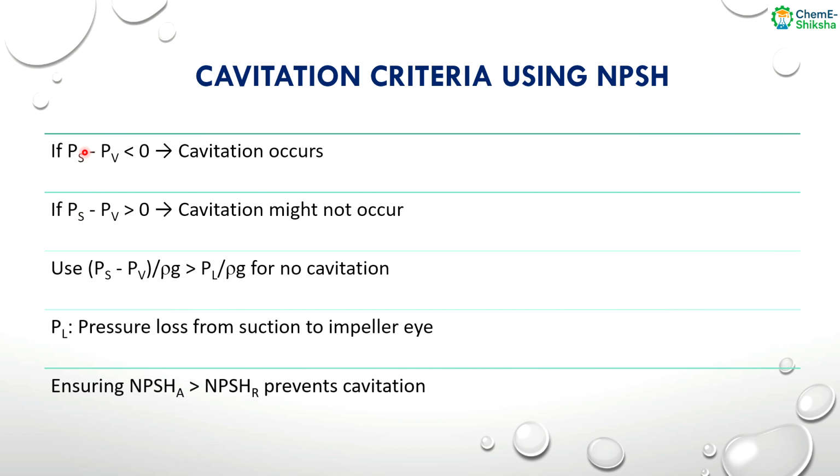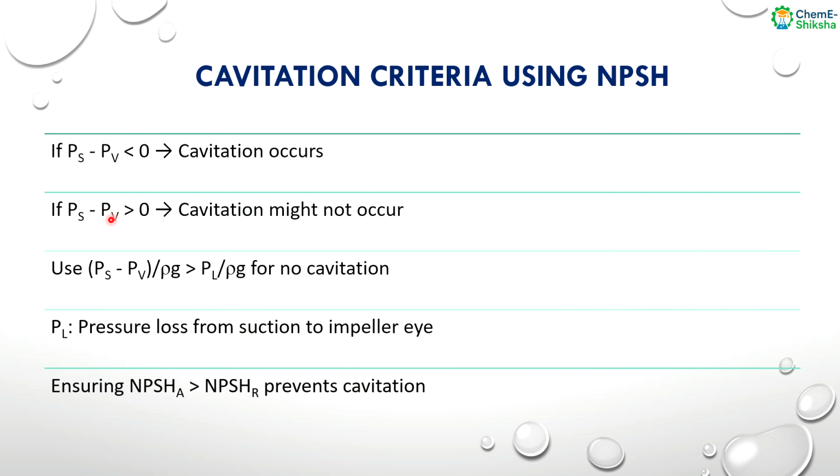But if Ps minus Pv is greater than 0, that means suction pressure is greater than the vapor pressure, then you cannot say whether cavitation will occur or not, as the pressure at the eye of the impeller is less than the suction pressure. So we cannot tell whether the pressure at the eye of the impeller is less than vapor pressure or not.